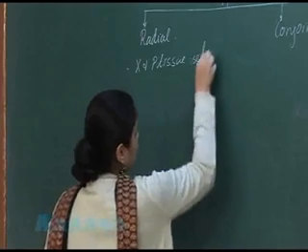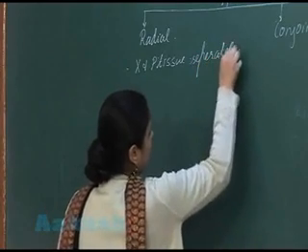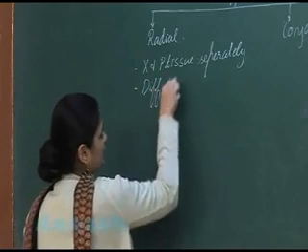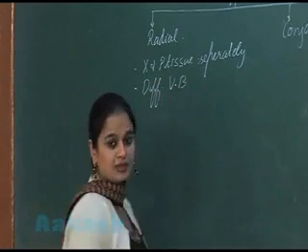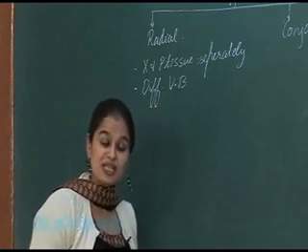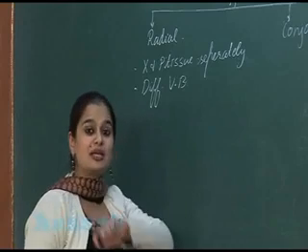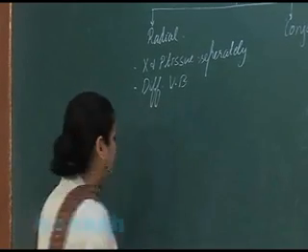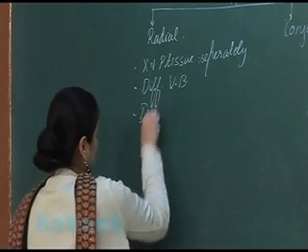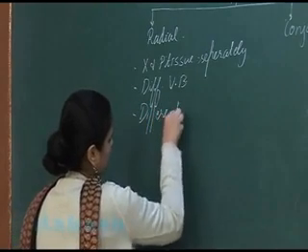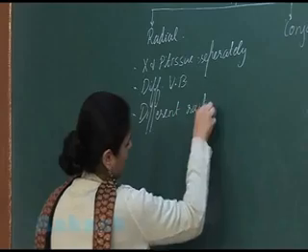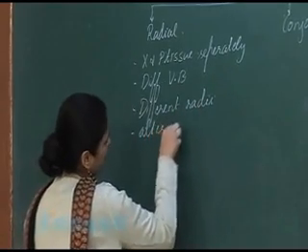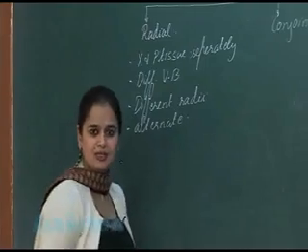It means they form different vascular bundles. They are present at different radii and alternate with each other. Yes?